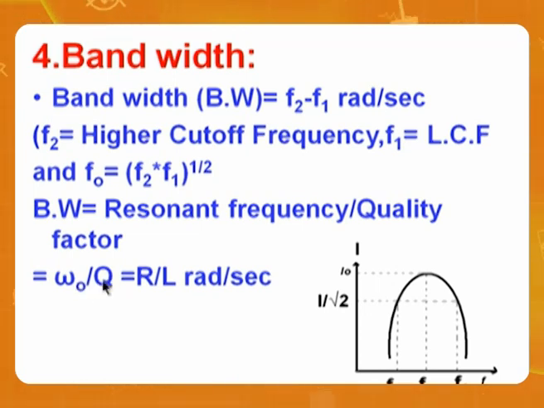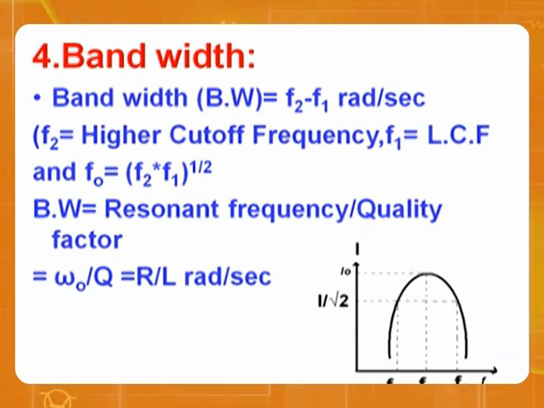Quality factor is omega L by R. So if omega naught cancels, it becomes simply R by L. Please remember, from now onwards, wherever I say bandwidth, I am going to take it as R by L. So R by L is the bandwidth, and you know the omega naught, you know the quality factor. These equations we are going to use in problems.